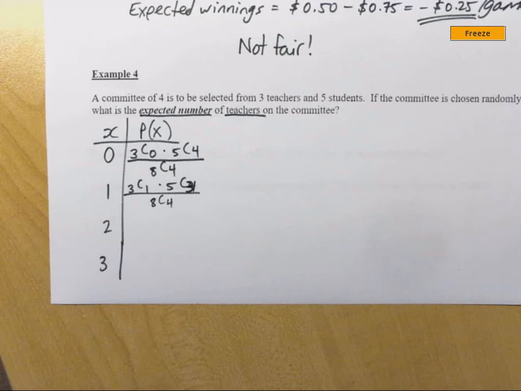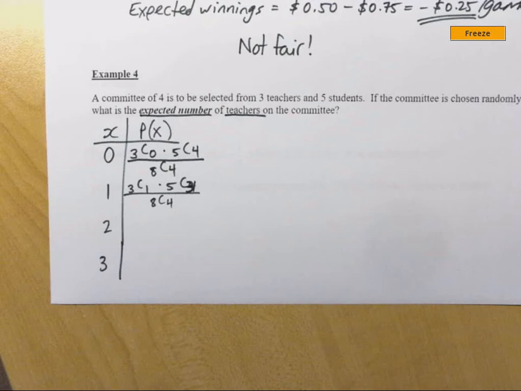And 5 choose 4 is 5. And we're multiplying that by 0 here because x times P(x), 0 times our answer. 5 choose 3 times 3 is 30 over 70 times 1.